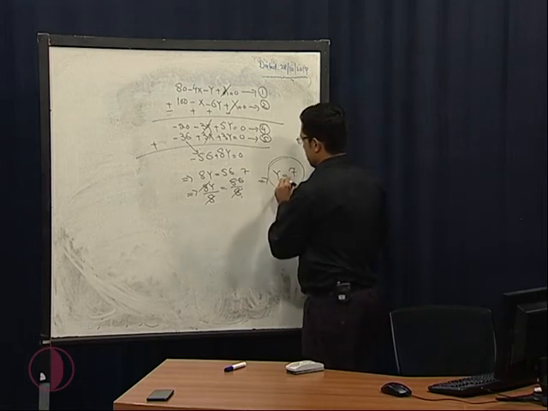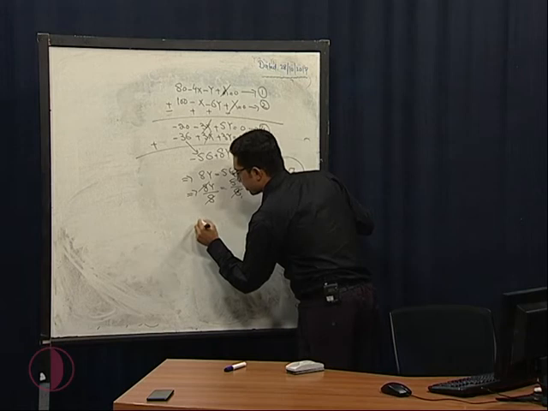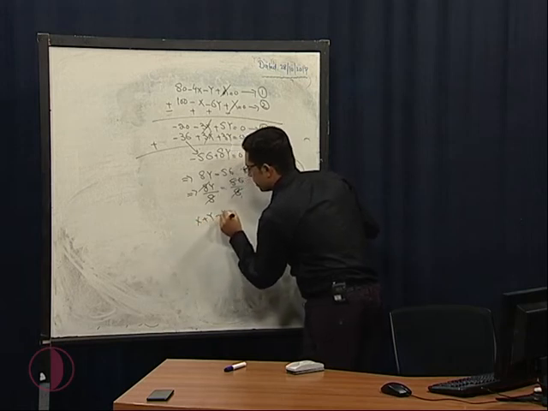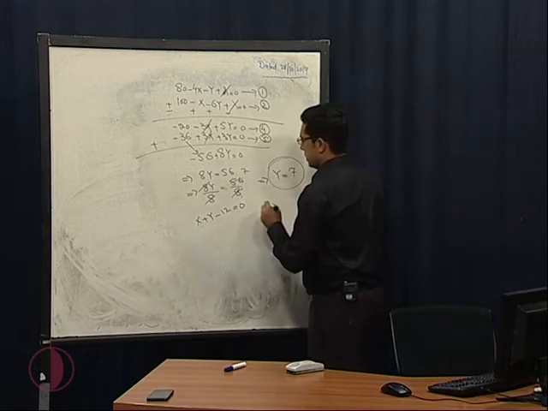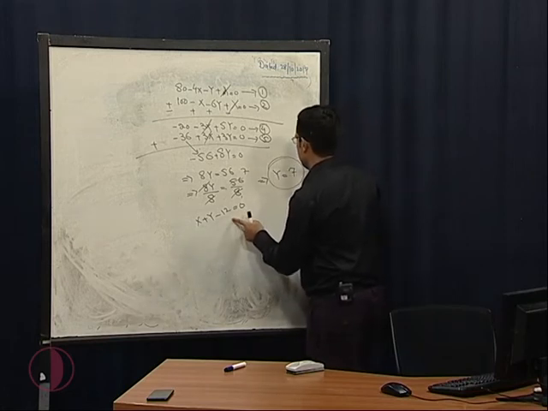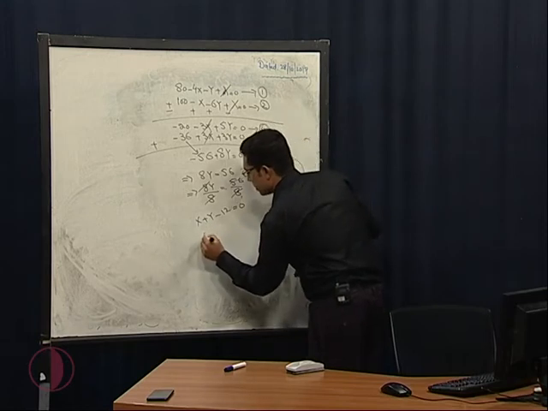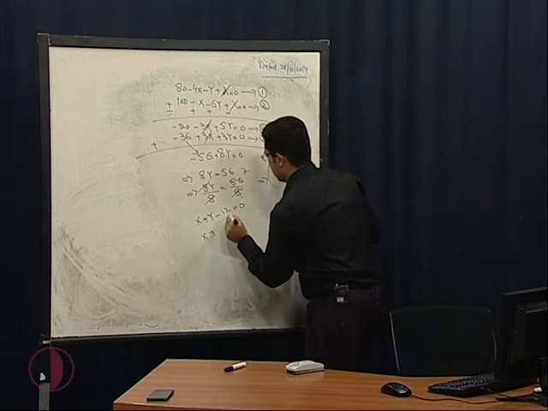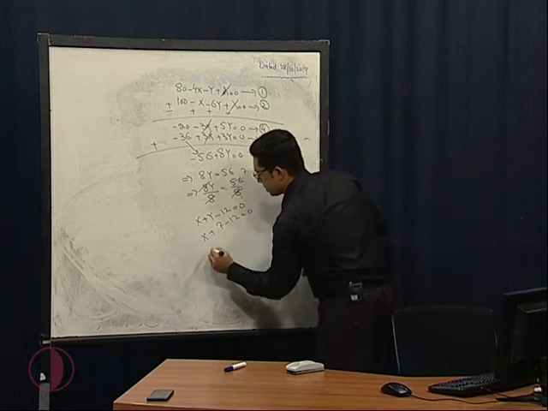Now, for the value of x, the expression was x plus y minus 12 is equal to 0. Substituting the value of y into this expression, x plus 7 minus 12 is equal to 0.